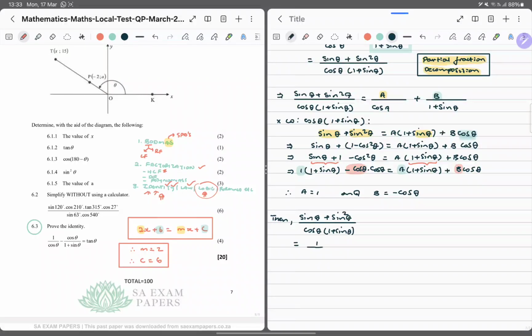A is 1. It's 1 over the first denominator, so this is cos theta, minus, because now the plus and this minus will give us a minus, cos theta over the second denominator 1 plus sine theta, which is equal to the left hand side. So the identity has been proven.